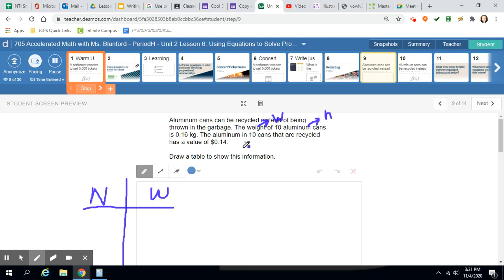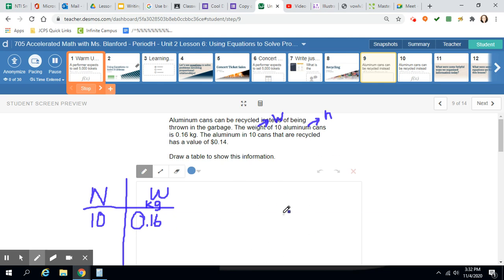The weight is how much they weigh, right? So I know 10 cans weighs 16 hundredths of a kilogram. And a lot of times we would put what the measure is. So this is kilogram, right? Okay. And then I also know, oh gosh, there's something else. So we haven't done this yet.